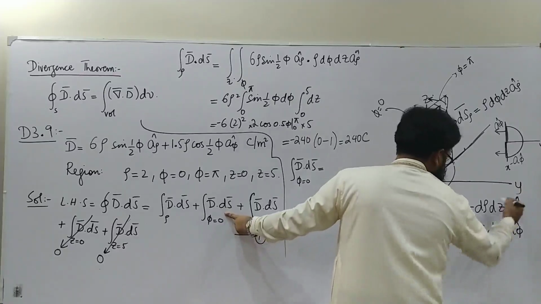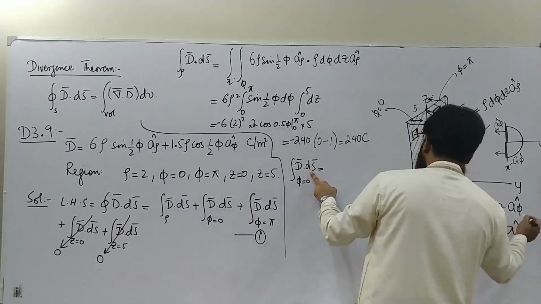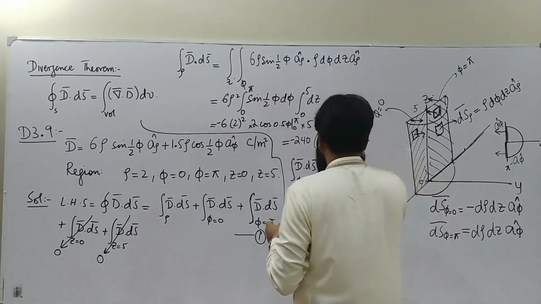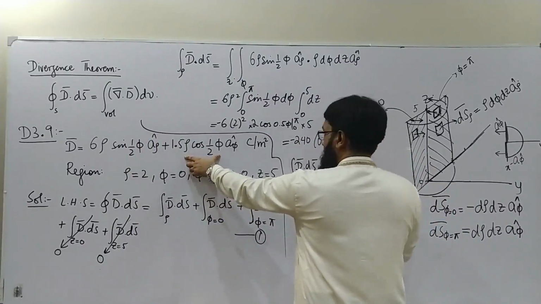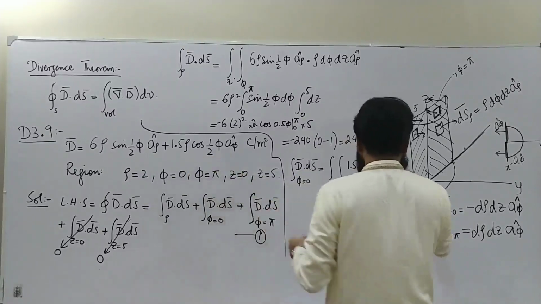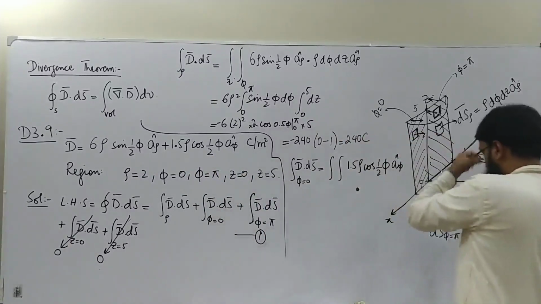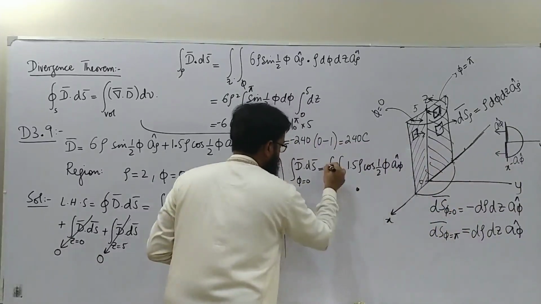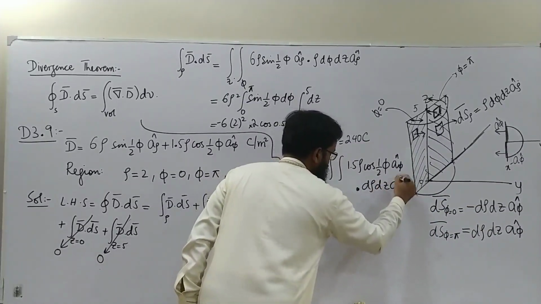The direction, or the component of ds, which is available as phi. So we should not write the whole of the d. Rather, you should write a one line statement and just write the second component, which is 1.5 rho cos of half phi a phi, dotted with this, which is minus, instead of writing minus here, I am taking minus out, d rho dz a phi.